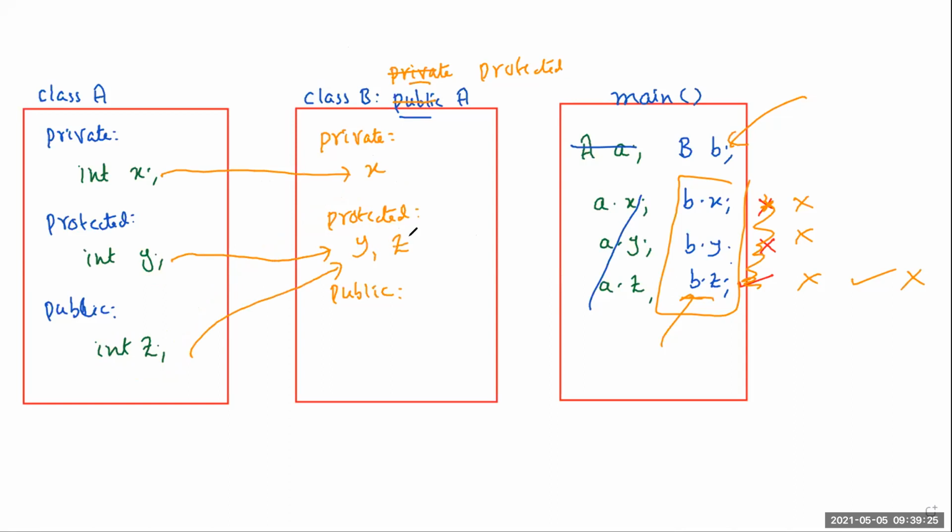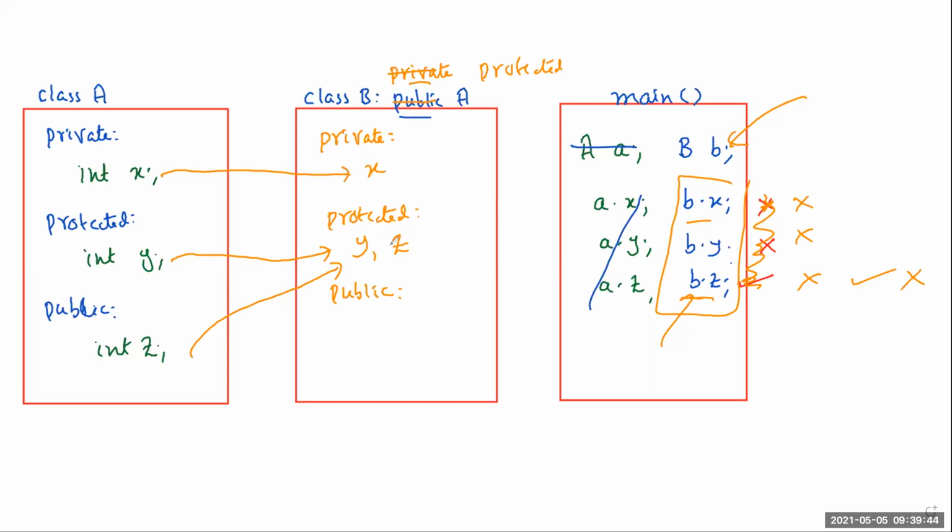Now I have made it easier for you. Maybe now you can guess what out of the three statements in the main, B dot X, B dot Y, B dot Z, can be accessed. Yes, very good. All are invalid actually. You see why? X was private, you cannot access private. Y and Z are protected.